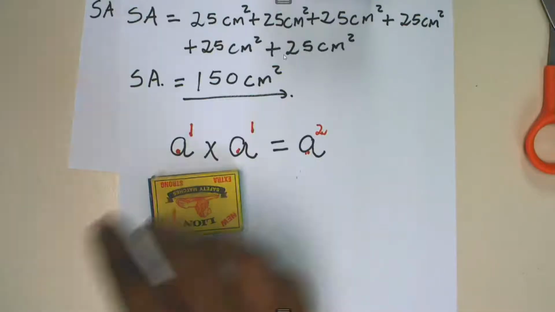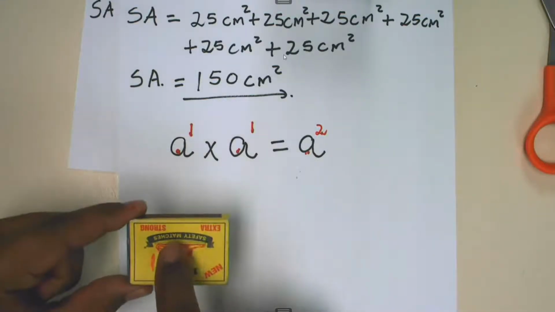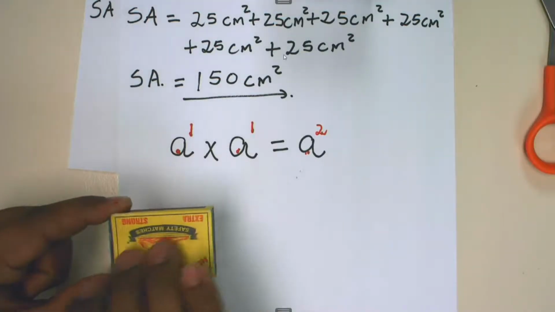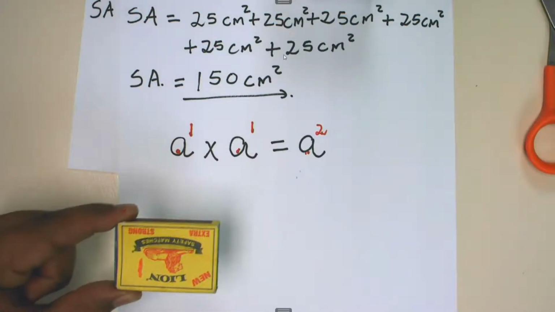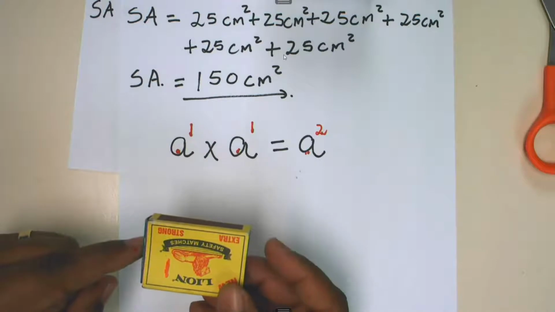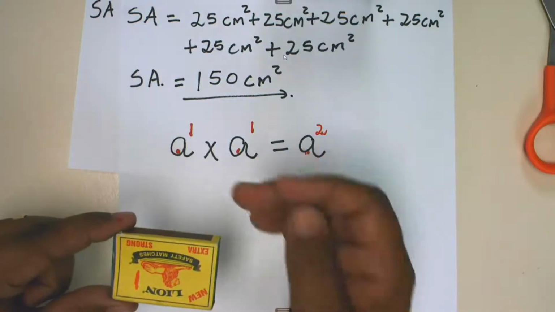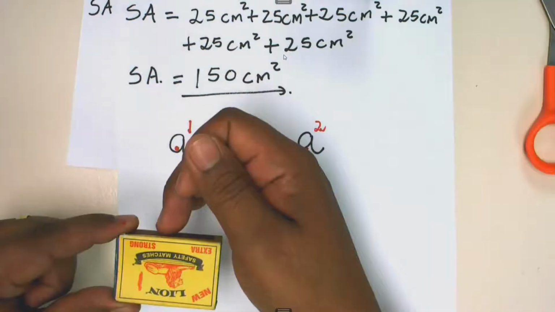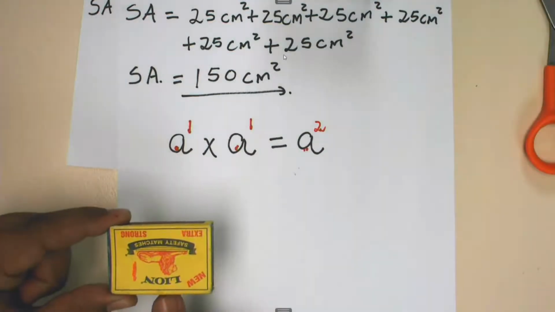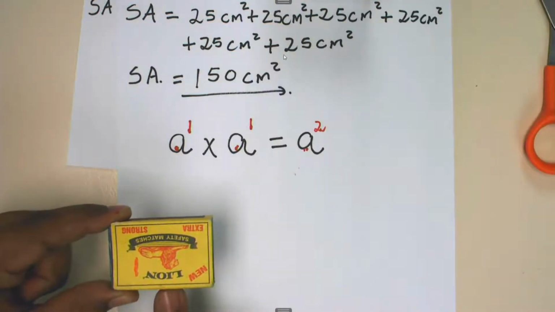I said the bottom part and the top part are identical. They are the same. The left and the right are also identical. You look at the front part and the back part or side or faces, they are exactly the same.